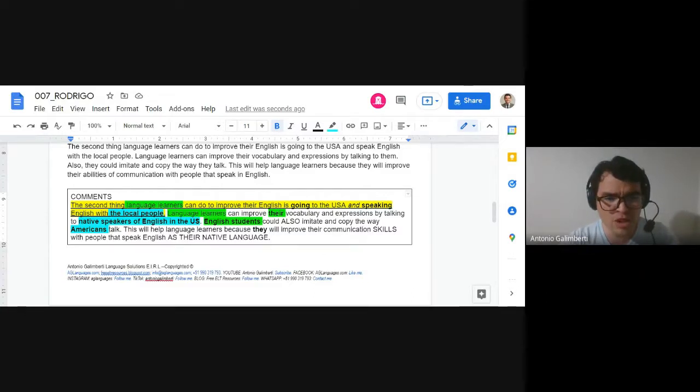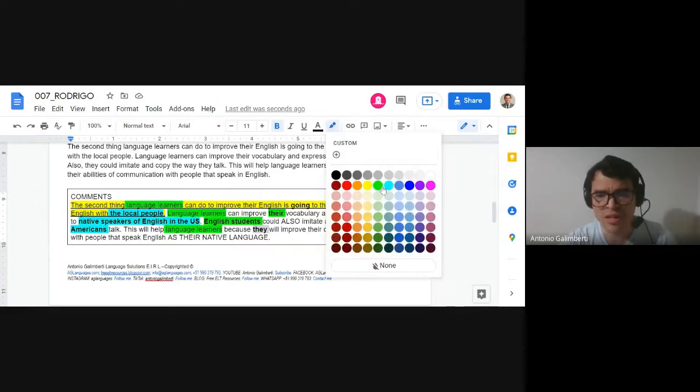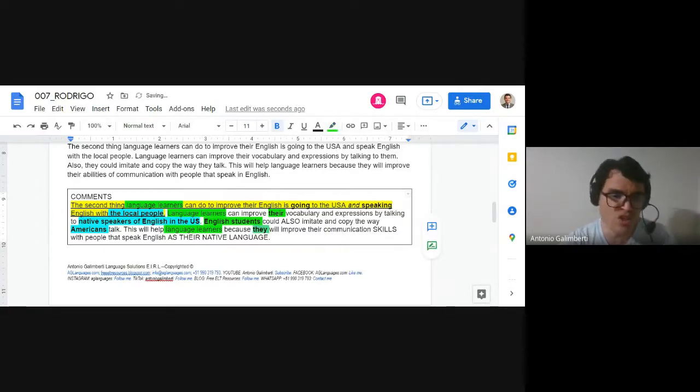This will help language learners. We have language learners again, so we want to add some variety. We will have to change this phrase again, right? So we have three "language learners" here, because they will improve their communication skills with people that speak English as their native language. Yes, this "they" is clear. It is clear that that "they" is green. No?